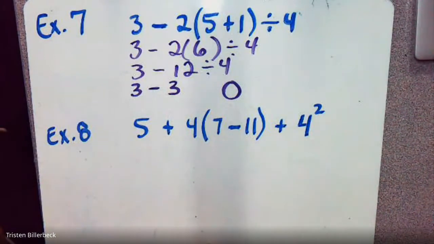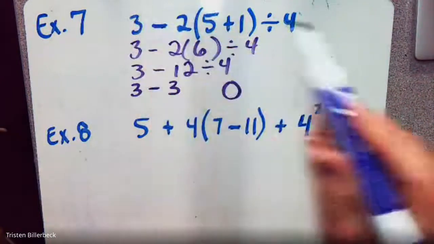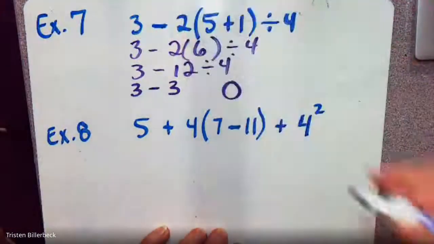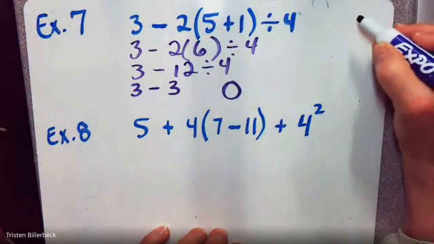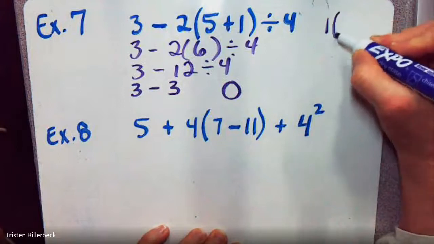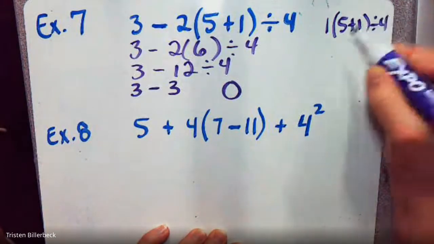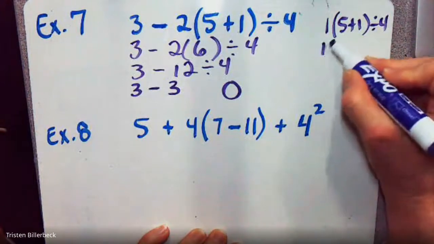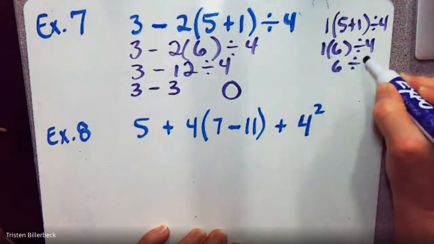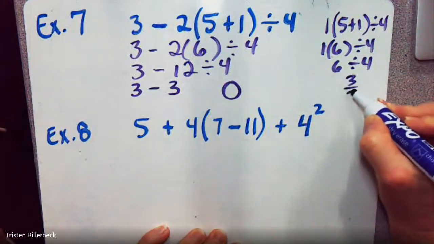Okay, so now let's do this one. Oh, and by the way, on this one, the most common error would be to do 3 minus 2, which would be 1, and then 5 plus 1 divided by 4. So then you end up with 1 times 6 divided by 4, which would be 6 divided by 4, and then that would just be 3 halves.